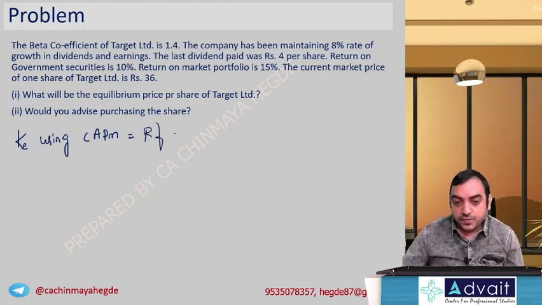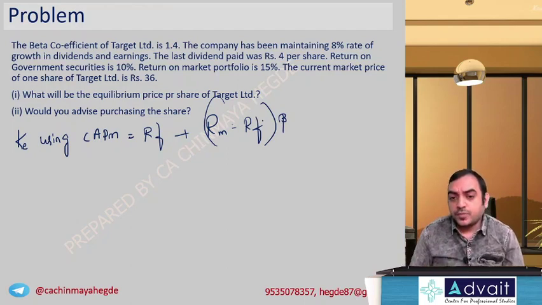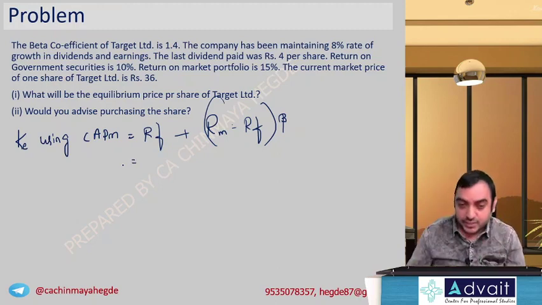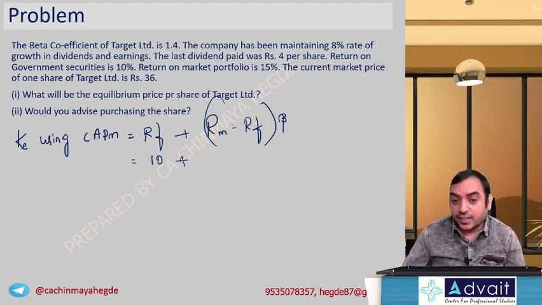RF plus RM minus RF into beta. RF is the risk free rate, B is beta, RM is the market rate of return. They have given government securities. Government securities we take as the risk free rate. Government is always the lowest risk, no risk, 10%. Plus RM minus RF, market portfolio 15% minus RF 10%, into beta.